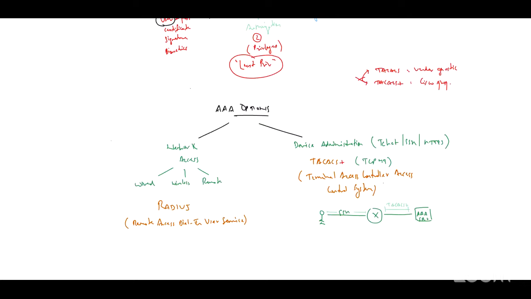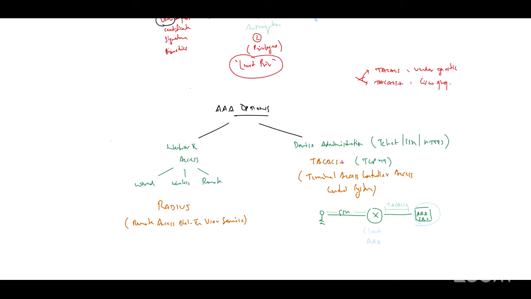And then the network device is going to talk TACACS Plus with the AAA server. It's going to do first the authentication of the user, then the authorization for the commands and the privilege level, etc. And then also the accounting. So this here is a client-server model. This is our client, obviously, the AAA client. And this here is the AAA server.